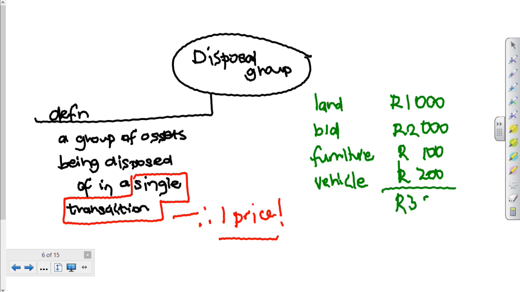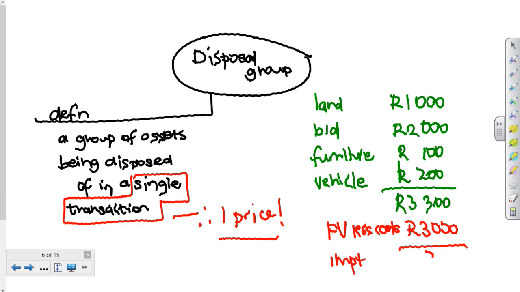So I have assets worth 3.3 million. And somebody wants to buy them from me, fair value less costs, at 3 million. So I have an impairment, isn't it? And the impairment is 300.